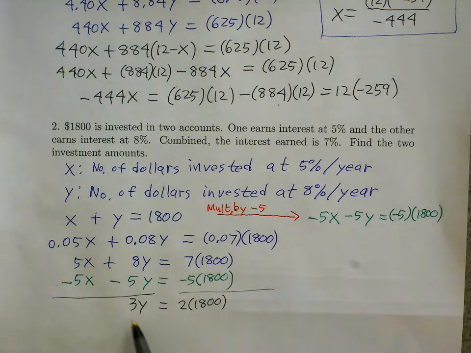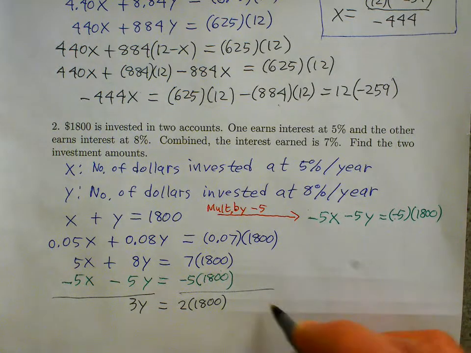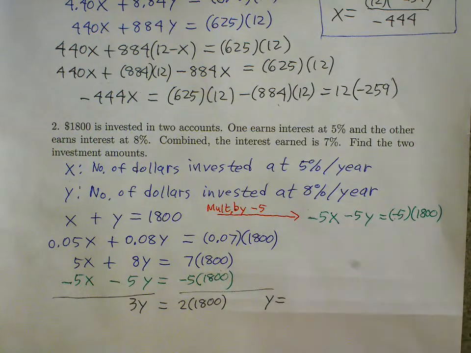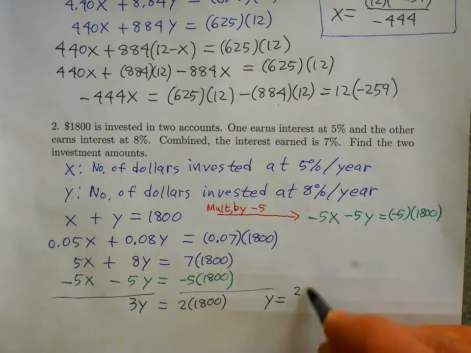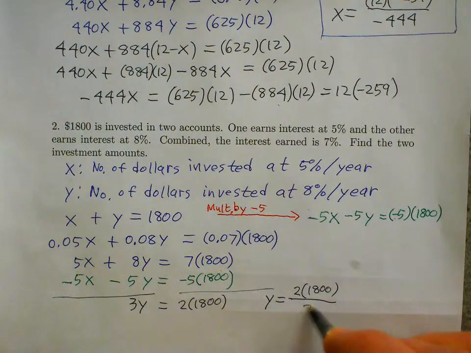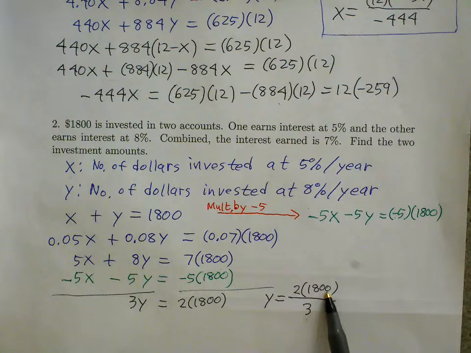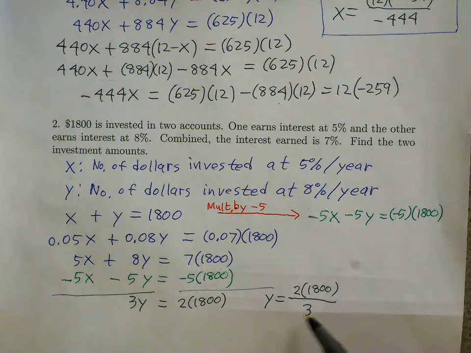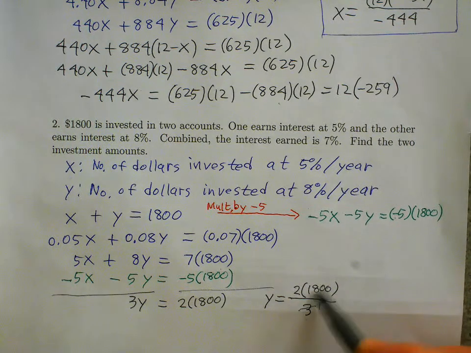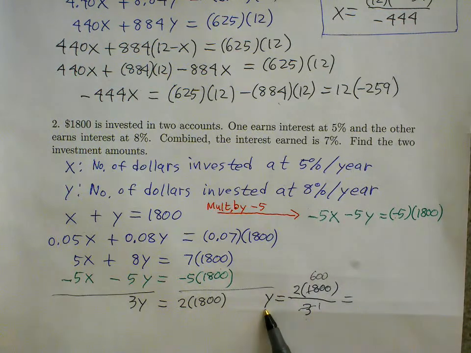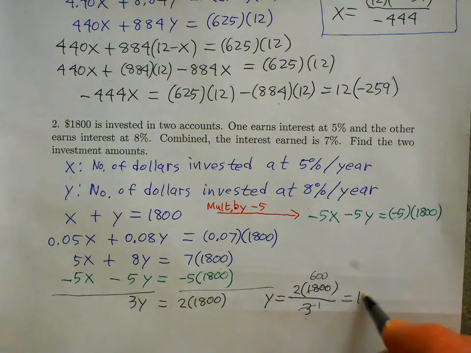And then we can divide both sides by 3. So 3y divided by 3 is y. And if I divide 2 times 1800 by 3, 3 goes into 1800 600 times. And so y is 2 times 600, or 1200.